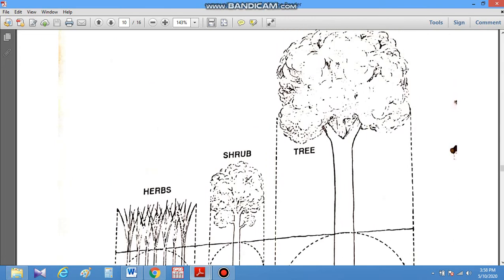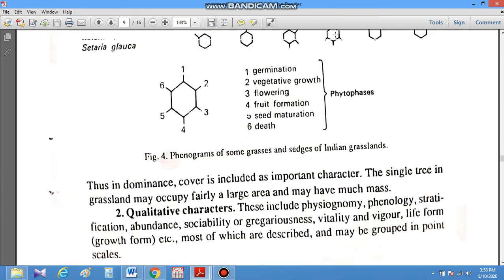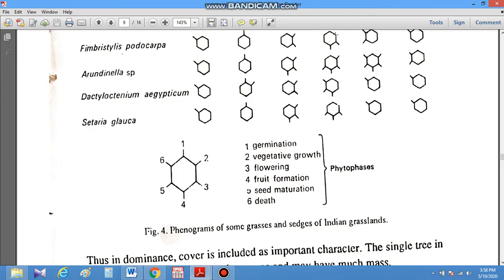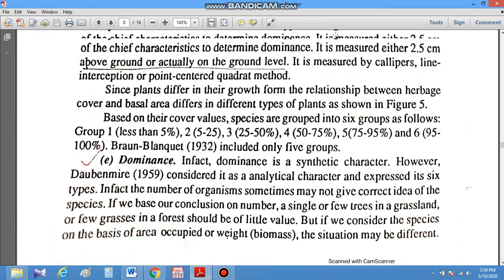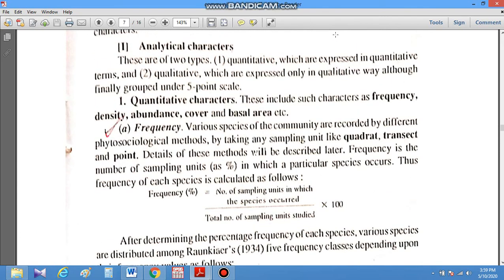So we have discussed here the analytical characters, and the quantitative characters. Analytical characters are of two types, quantitative and qualitative.